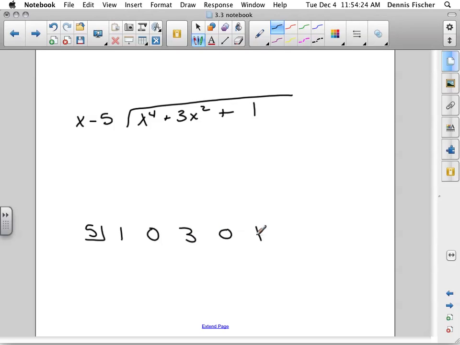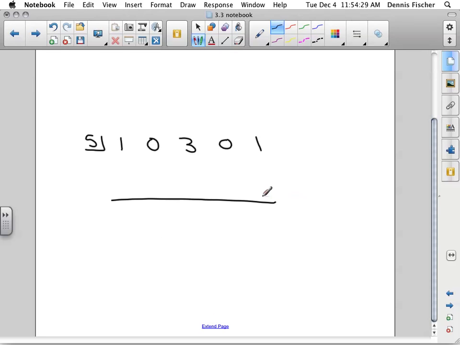So now to do synthetic division on here, we started with x to the 4th. Bring down the 1. 5 times 1 is 5. 5 times 5 is 25, plus 3 is 28. 28 times 5 is 140. 140 times 5 is 700, plus 1 is 701.